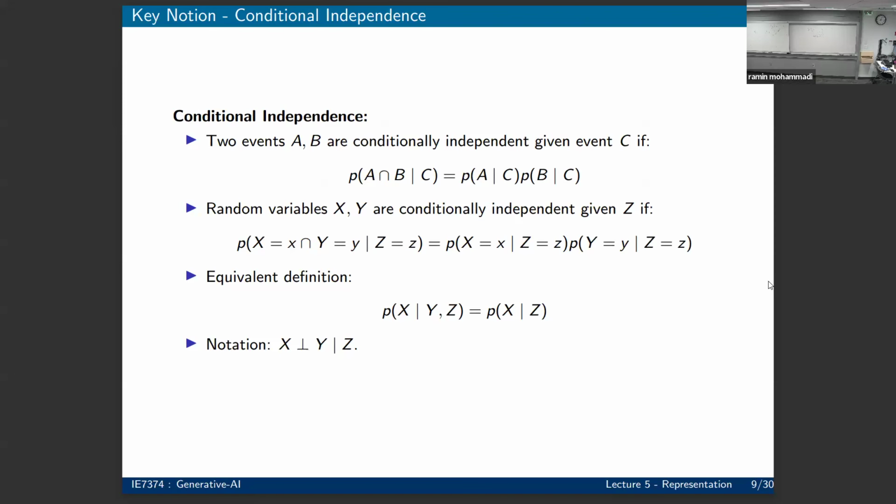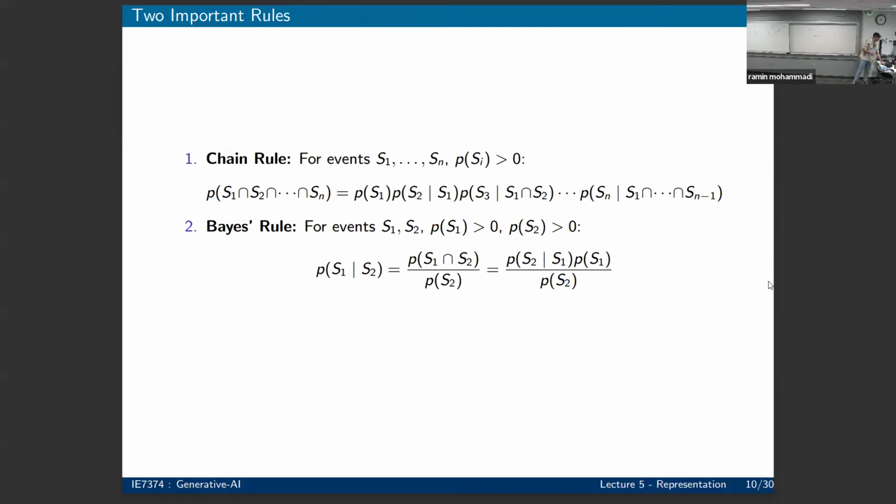And here also, X given Y and Z just becomes X given Z, because X is independent of Y given Z. That becomes conditional independence, which is technically more realistic. And then we have the chain rule.